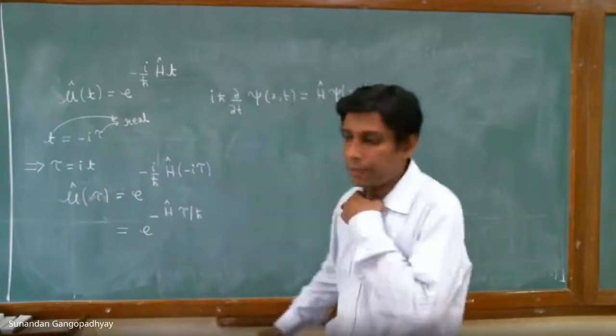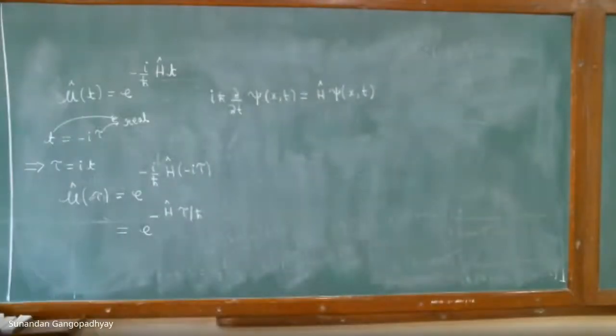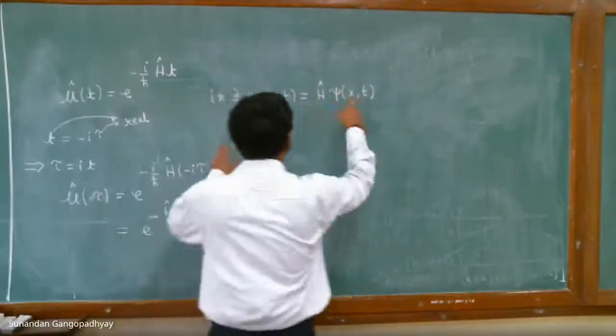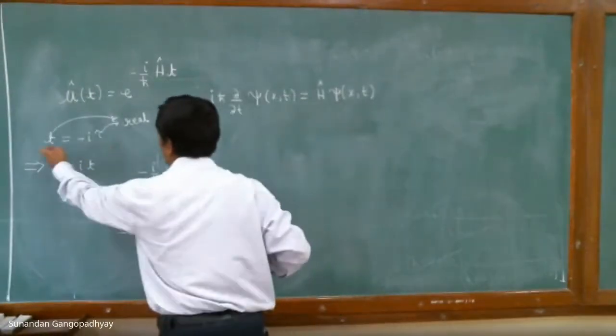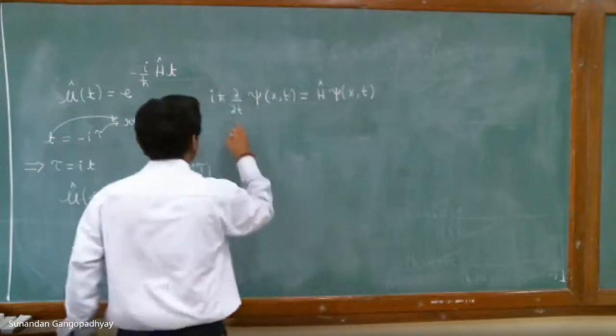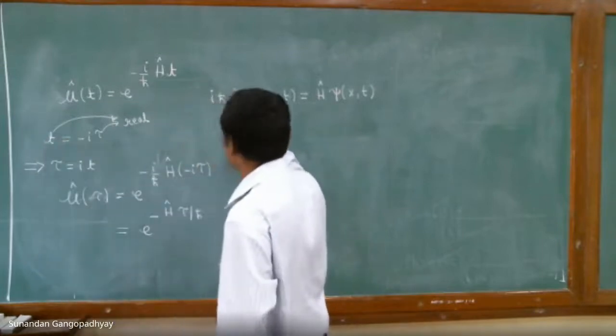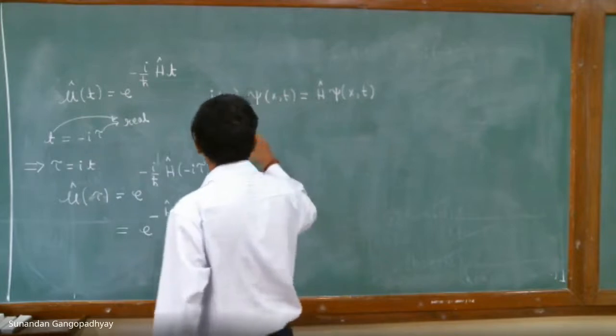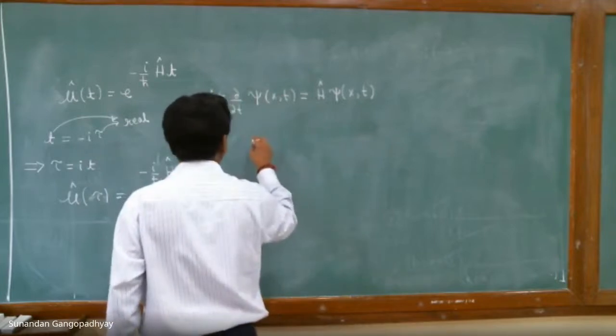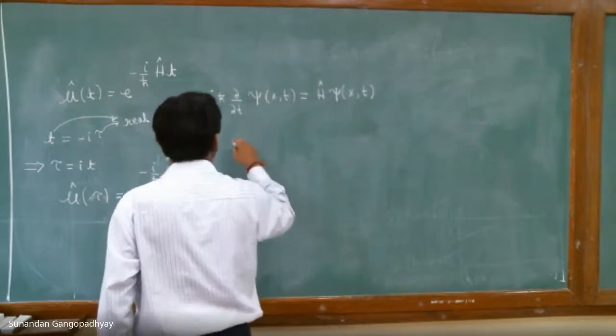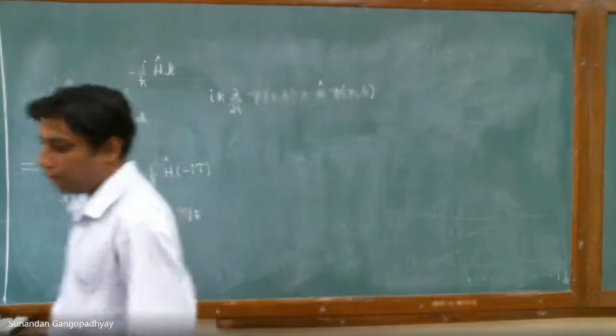This is our time dependent Schrodinger equation, and if you make this t imaginary, then what you will have is to just set t is equal to minus i tau over here, and therefore what we will get is the following.